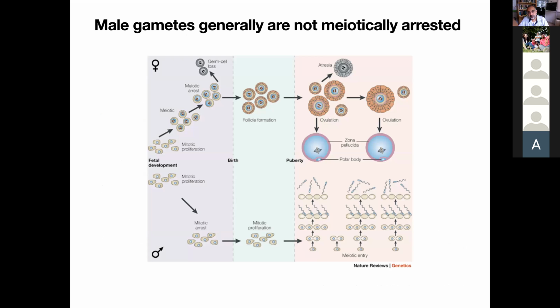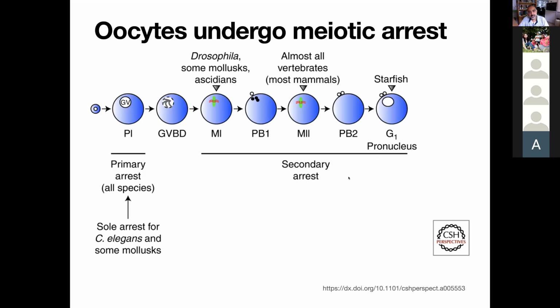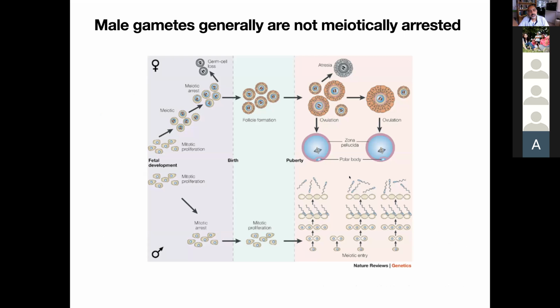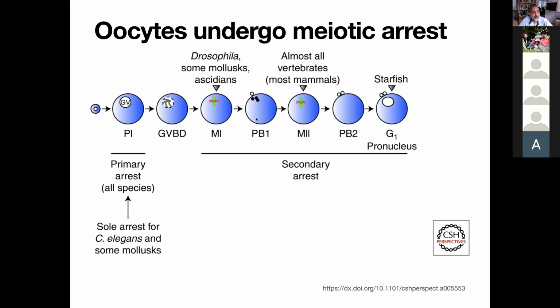And we'll come back to this point in a little while. So this metaphase 2 arrest is released upon fertilization. Upon fertilization, the oocyte completes meiosis and at the same time fuses with the paternal pronucleus to become a zygote.